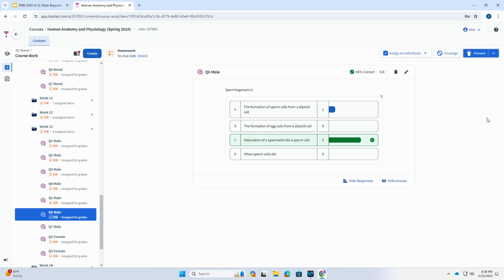I'm trying to think of how you can remember the difference. So spermatogenesis has an A, so you have to do this whole process before you can go through spermiogenesis. It's kind of a stretch, but.